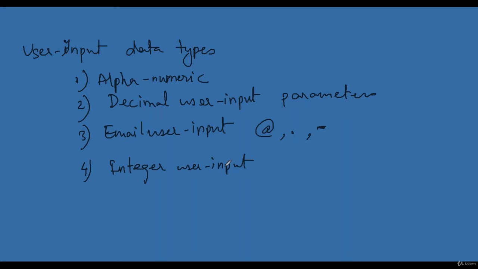This specifies that the parameter value is numeric and can include only whole numbers. Again, with respect to this data type, you can specify the minimum value, the maximum value, and the maximum length. And then you have the phone user input parameter, where the parameter value is in the phone number format.